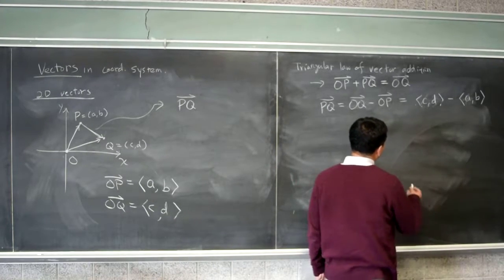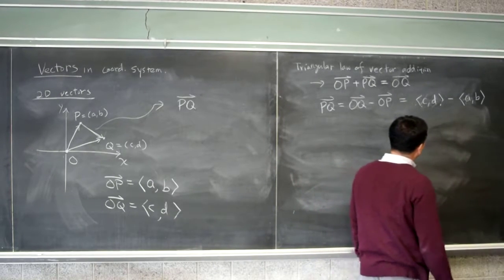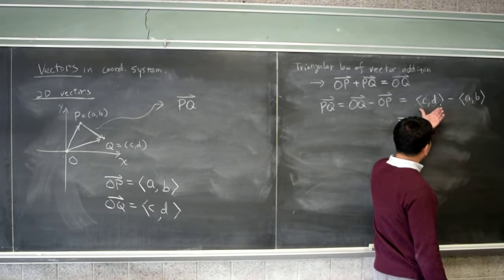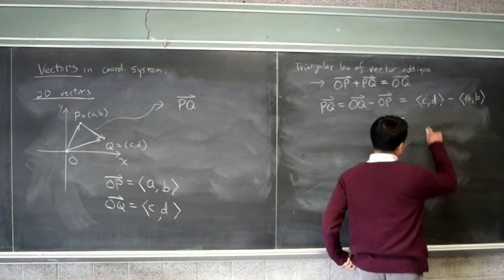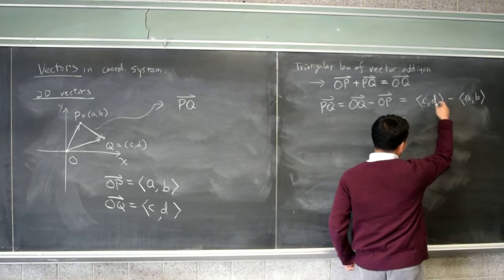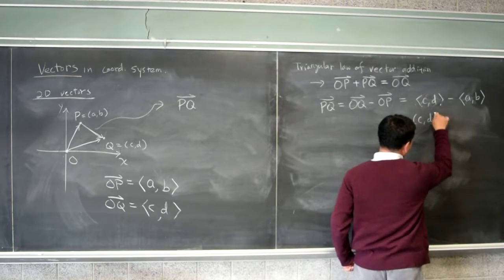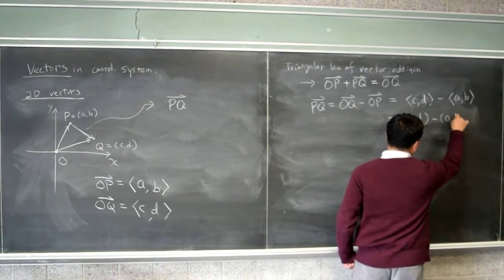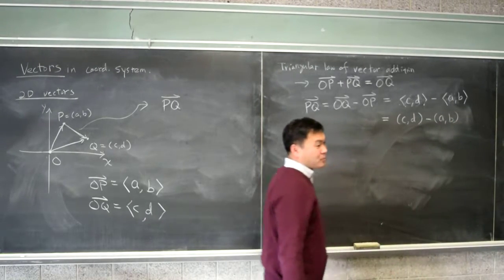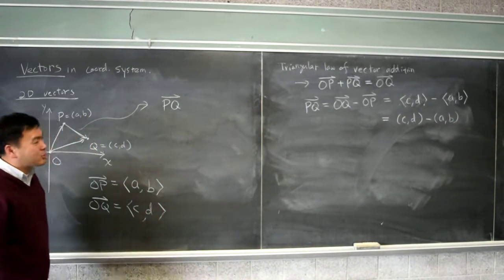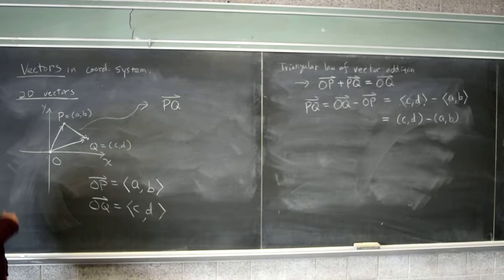Now, often I will abuse the notation. So rather than writing <c, d> with angled brackets, I'll just write (c, d) minus (a, b) with parentheses. I'll just write it like that, but you should understand this as subtracting two vectors.